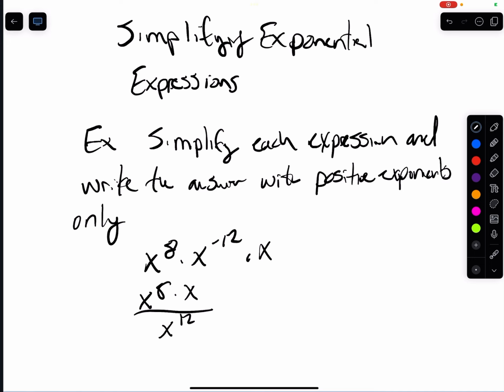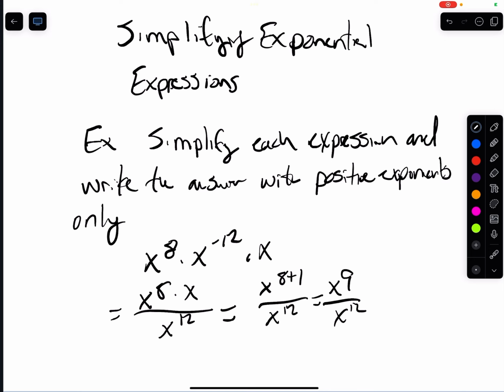And then we can assume that we have a 1 as the exponent of just the x, which gives us x to the 8 plus 1 over x to the 12, or x to the 9 over x to the 12th power.